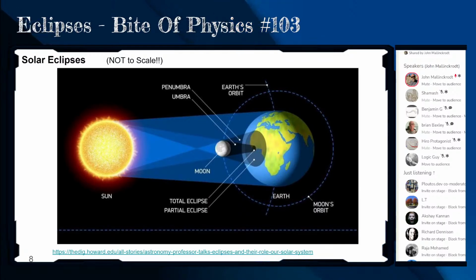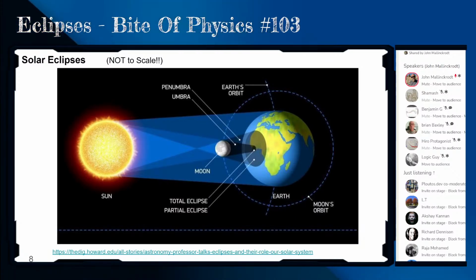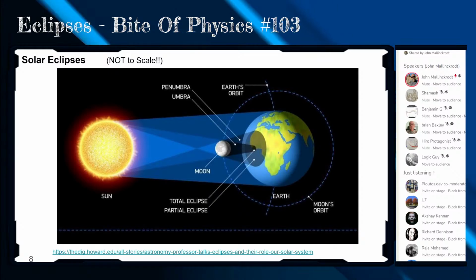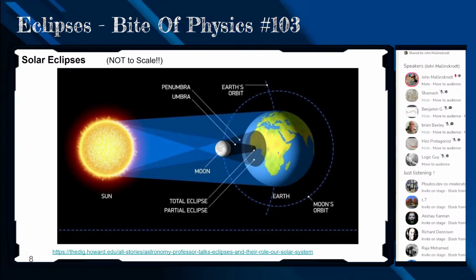And there's a very large region over which you can see that partial solar eclipse. Okay, I think that's enough said there, but that is a really nice one for just kind of showing that umbra penumbra thing, even if it's grotesquely out of scale.